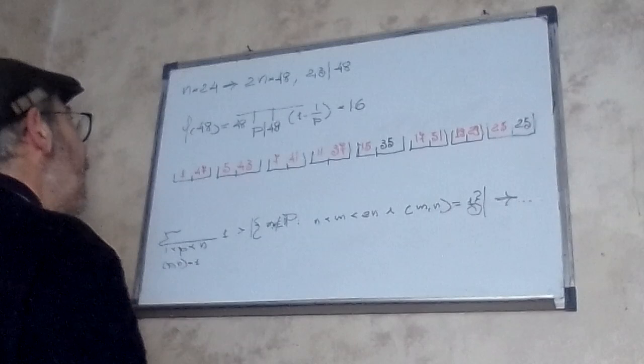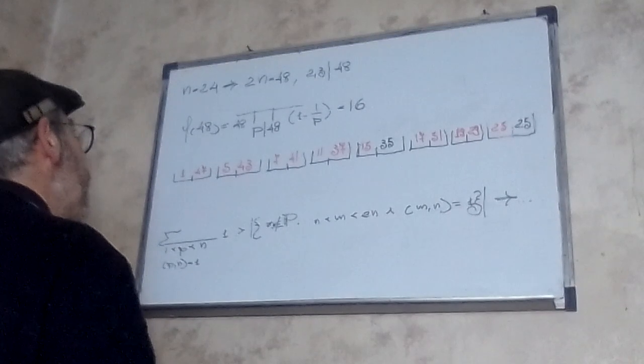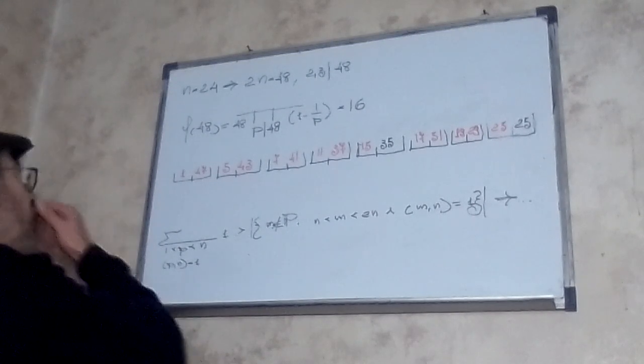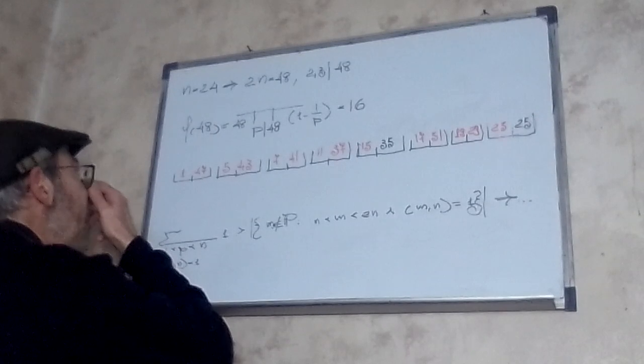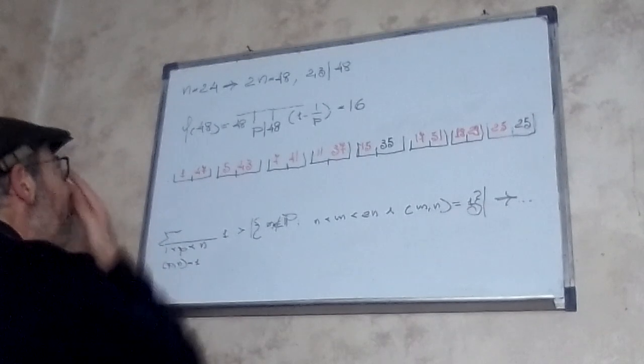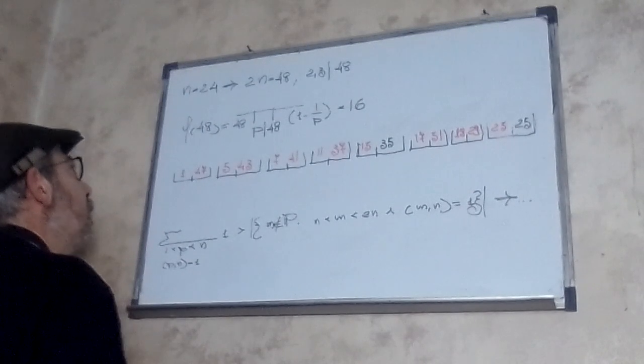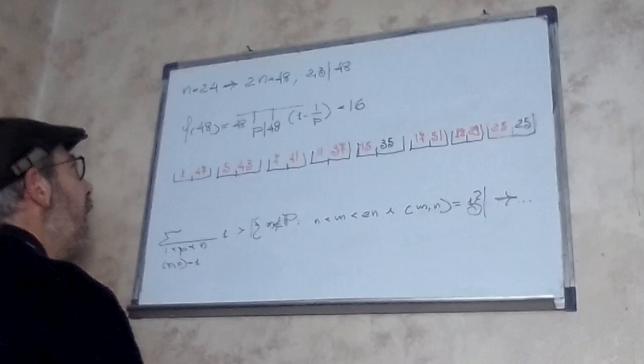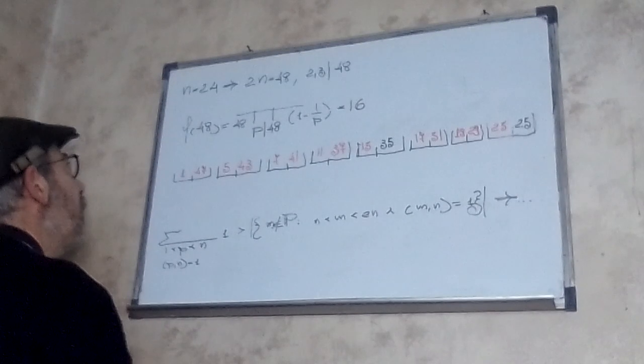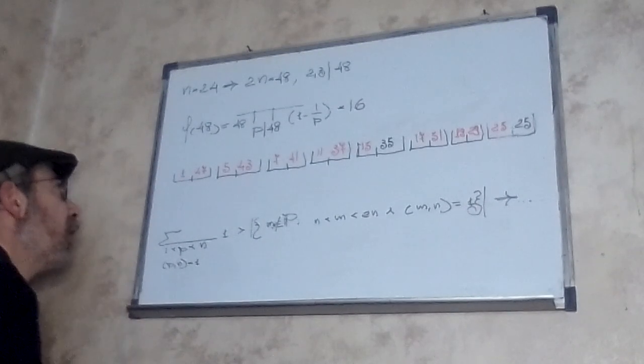So our first task is to calculate the number between 1 and 48 coprime with 48.